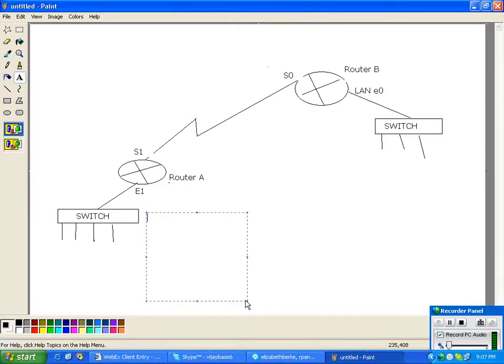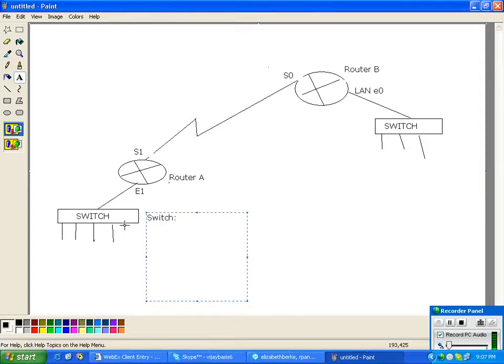Okay, here I can see a switch. In switches we have two types: a modular switch and a non-modular switch.